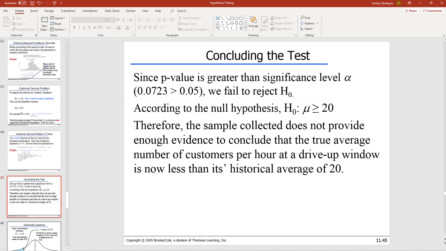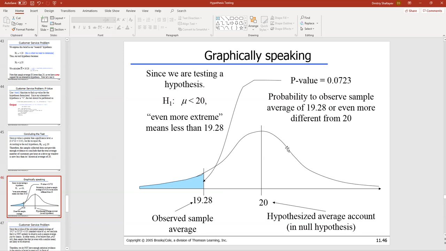Given that the null is true, our average is 20 or above. So if the true population average is 20, that means this is how the sampling distribution will look. This is an important connection with what we discussed about 3 or 4 lectures ago, sampling distribution. Why is that so important?